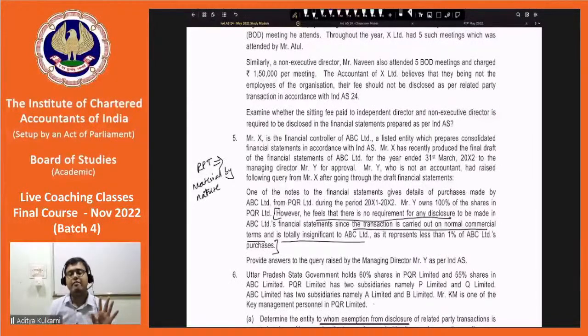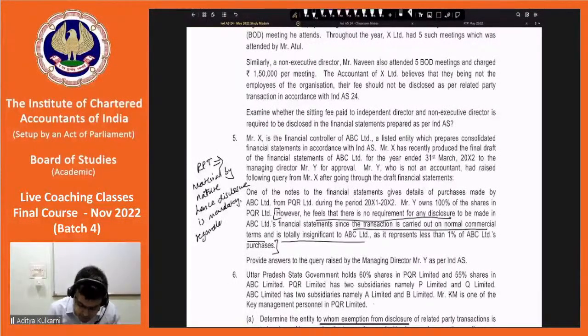Materiality does not have any place in related party transactions. Itna yaad rakho, you will be fairly confident in attempting the questions. All related party transactions are material by nature, and hence disclosure is mandatory regardless of materiality. 1 रुपए का हो, even 1 paisa, you have to disclose.